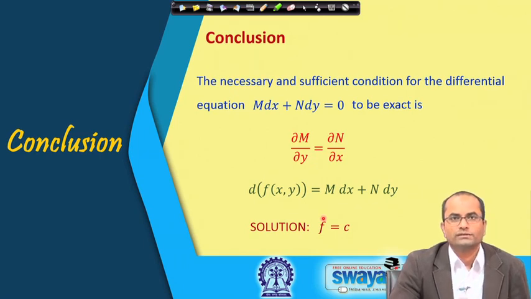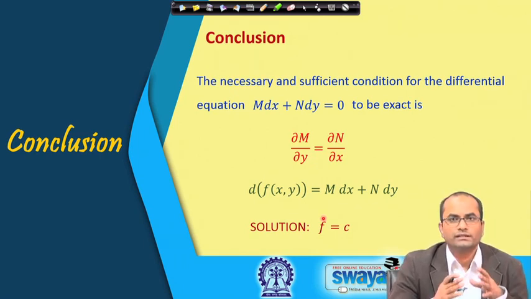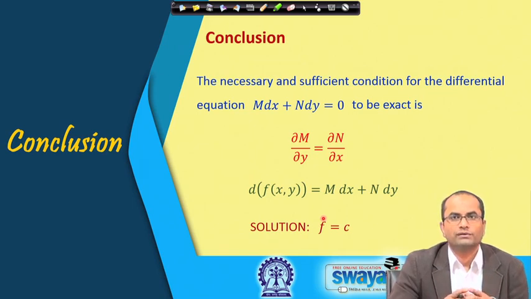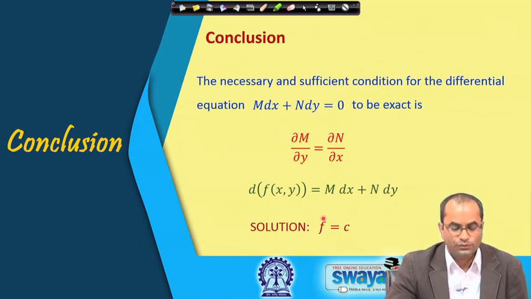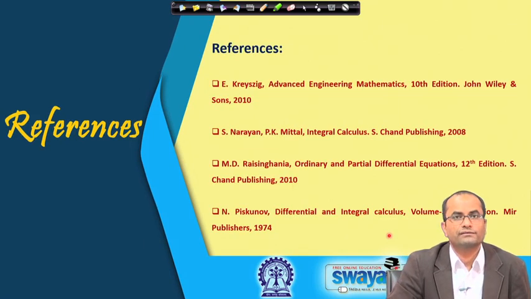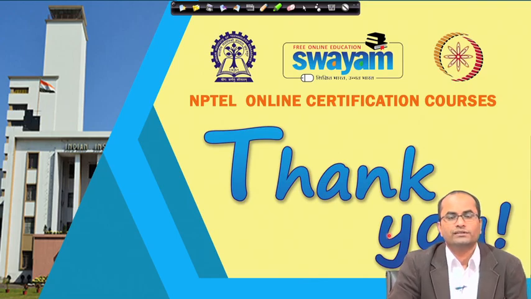So, that is the process for finding the solution: checking the exactness of the differential equation. In the next lecture we will continue with what method we should use to get the solution if the given differential equation is not exact. These are the references used here, and thank you for your attention.